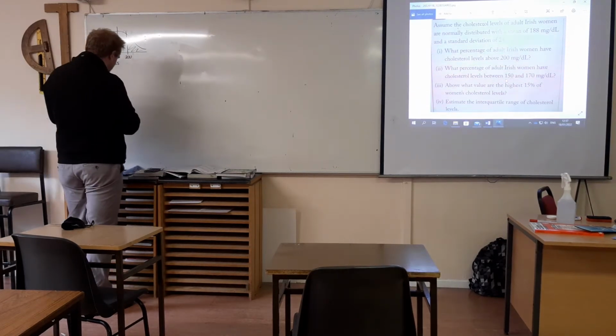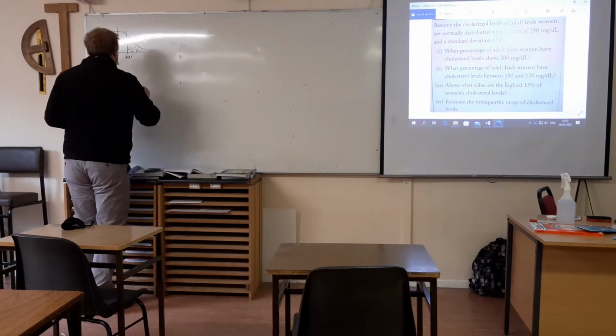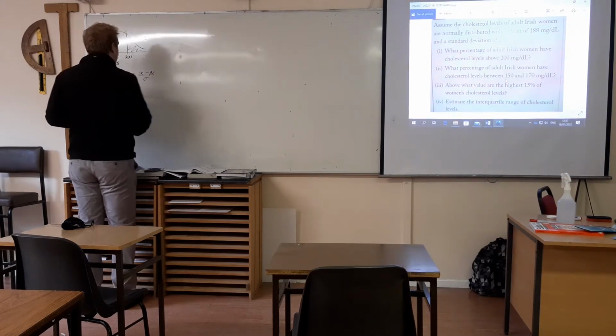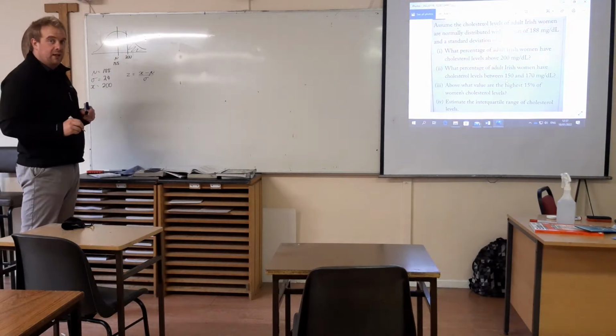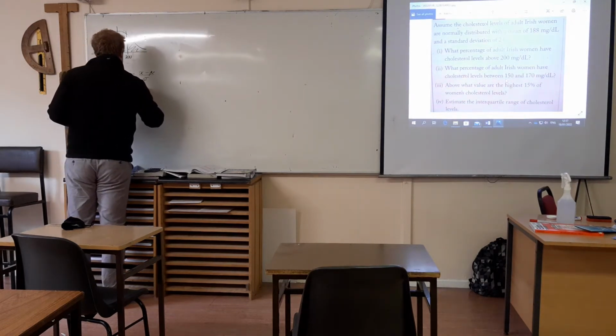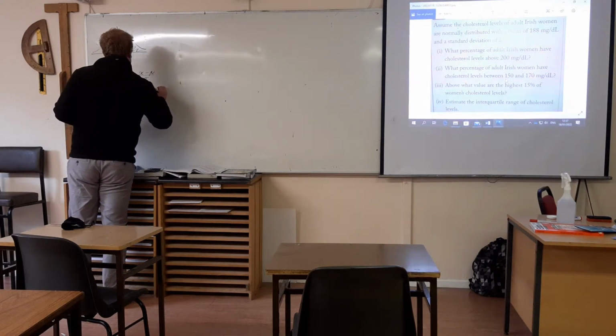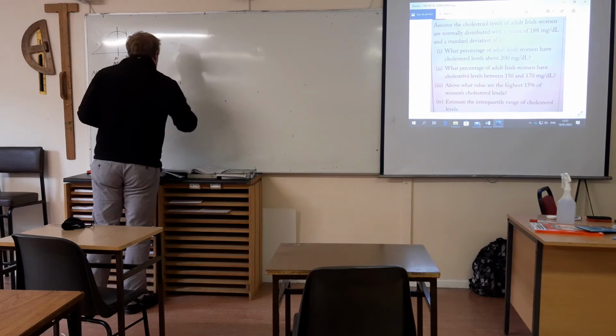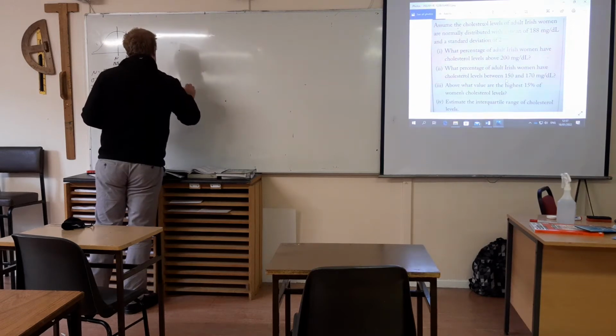We're going to sub that into our z formula. So z will be x minus the mean over the deviation. That means z is 200 minus 188 over 24, and that's going to yield a z-score of 0.5.